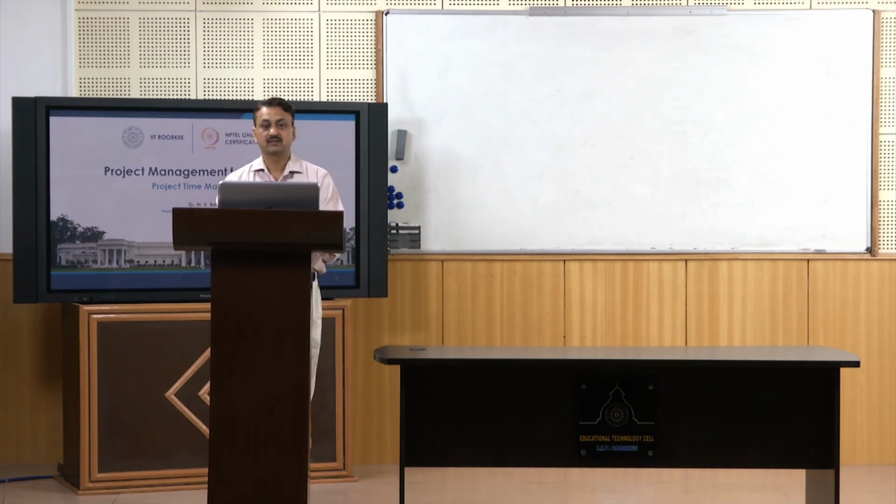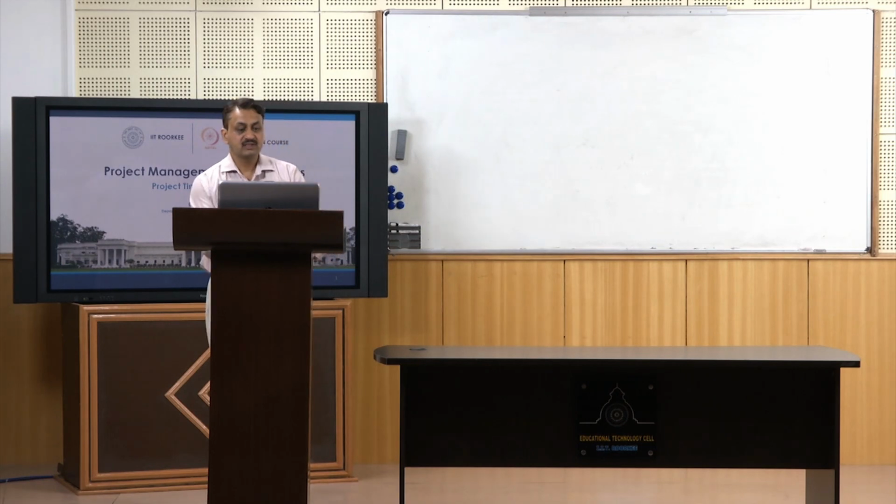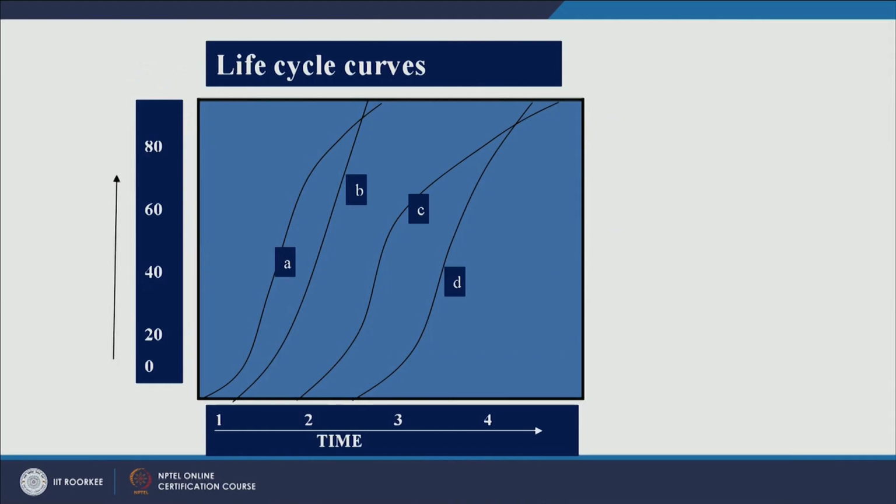Now apart from Gantt chart, you have got another tool, it's called life cycle curves. It's similar to bar chart. It also gives you the progress of a particular activity or different activities. So let us say there are 4 activities, A, B, C and D. Activity A started at, let us say, 1 unit of time, and it is progressing like this.